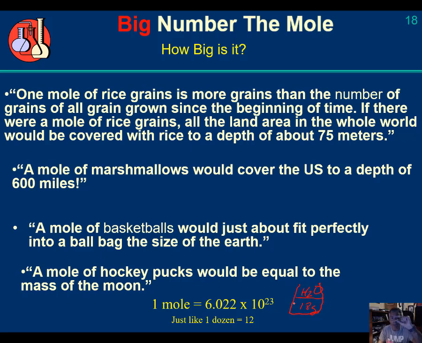That is not going to be much height in your average glass. It's not a lot. That would equal 1 mole of H2O, which would mean I would have 6.022 times 10 to the 23rd molecules of water.